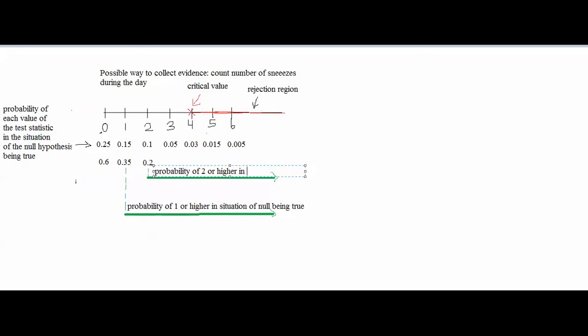Two or higher in the situation of the null being true. And I'm using these arrows to try to show you that it's the probability of 2 or higher.